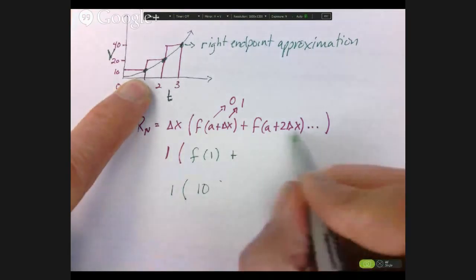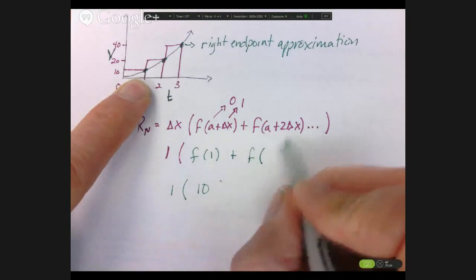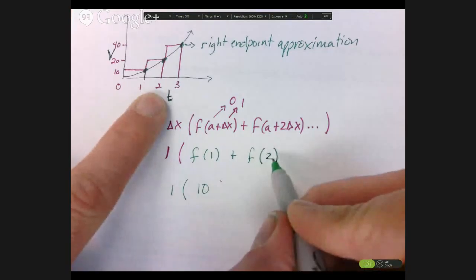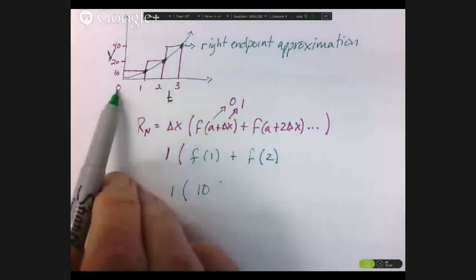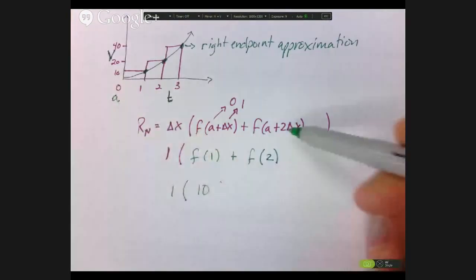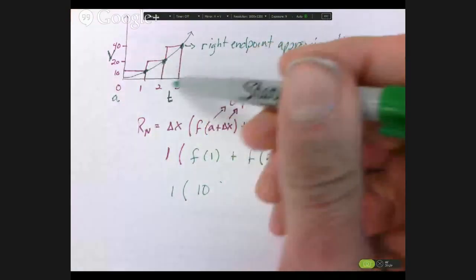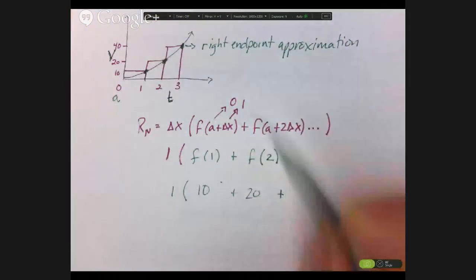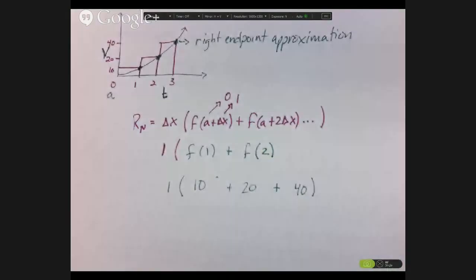Plus, and this one's f of 0 plus 2. What's f of 2? What is A? A is the starting value here, 0. Okay, f of 2 is 10. No, sorry, f of 2 is 20. And f of 3 is 40. And then we're done.